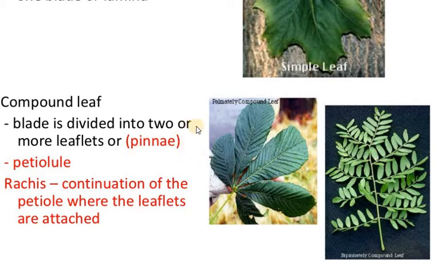If a leaf blade is divided into two or more leaflets, or if multiple lamina are present in a leaf, each portion is called a leaflet or pinna. If multiple pinnae are present in a leaf, it is called a compound leaf.